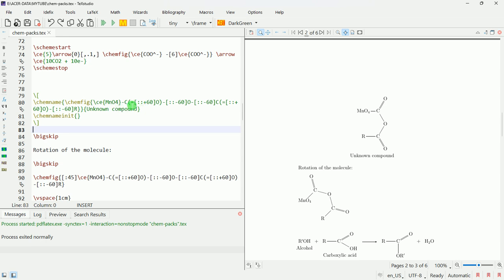This bond is horizontal. So this line is making 60-degree angle with the horizon. Okay, and then name of the compound is written like this. I have written unknown compound just as an example because I don't know whether in reality such a compound is there or not, because I am not a chemistry person.